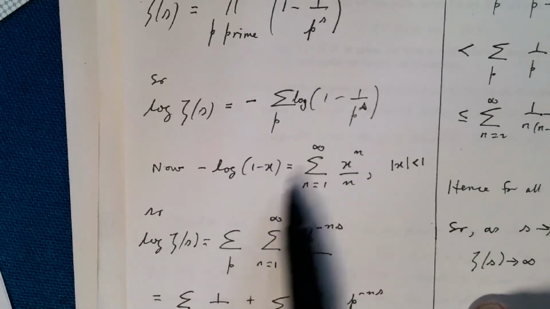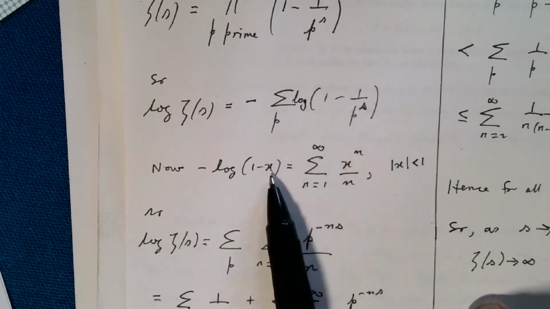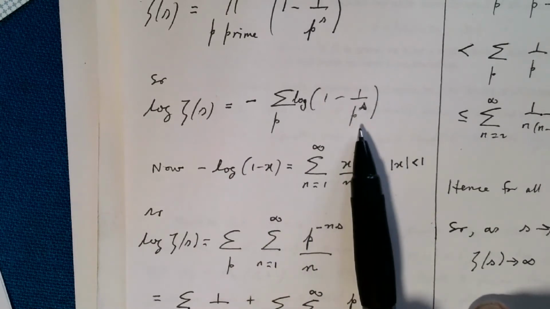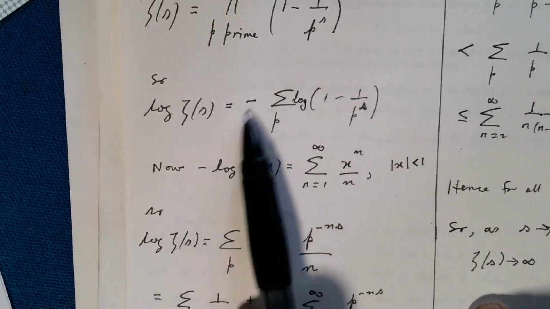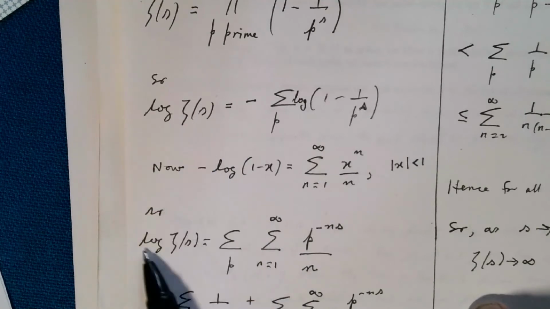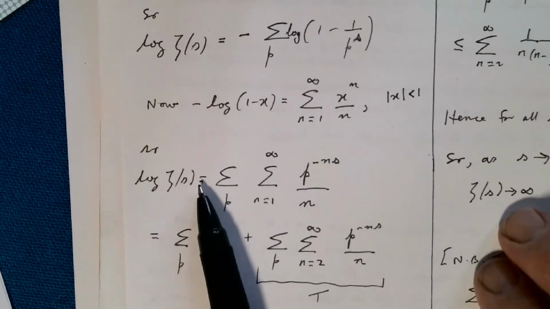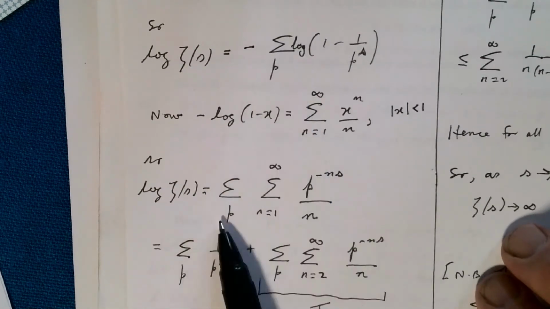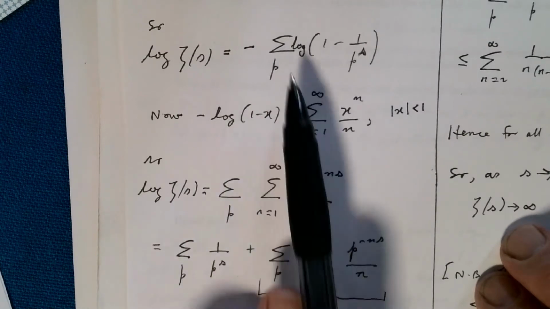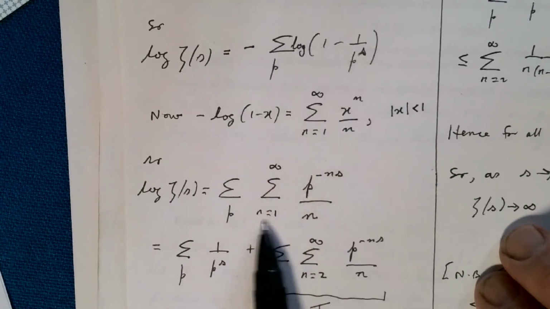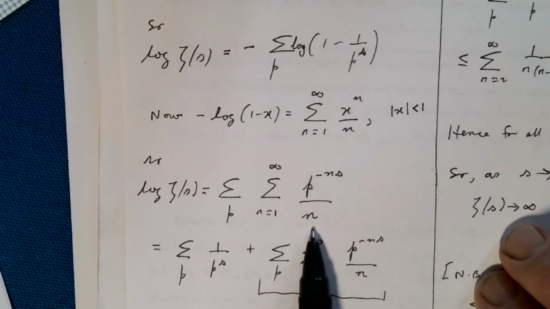And I'm going to apply that in here. So now I'm replacing x with 1 over p to the s. I get a couple of minuses to cancel, so I get log of zeta of s now becomes the sum over the primes, and then I replace the log of 1 minus 1 over p to the s by this sum, replacing x with 1 over p to the s.